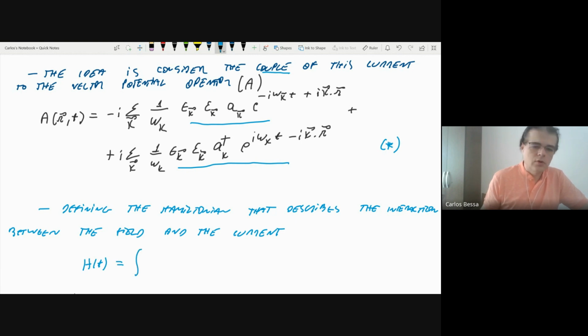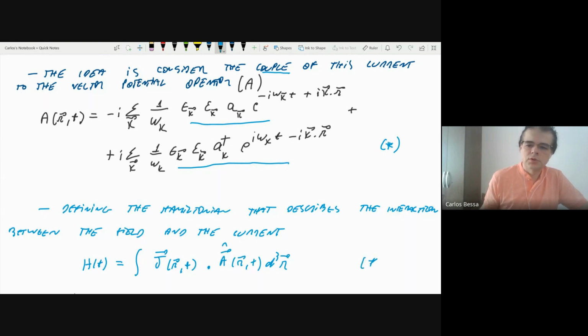Integral of J of R, scalar with this operator here, the vector potential operator. So I'll write here this way, notation not so good, d3r.